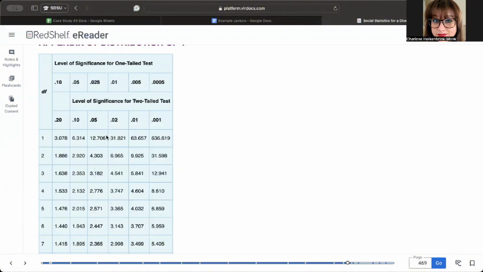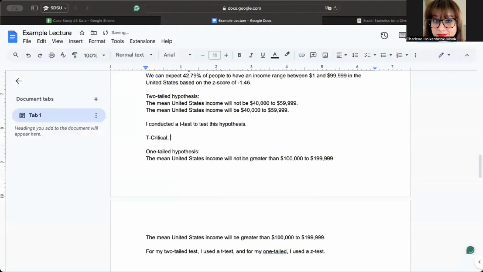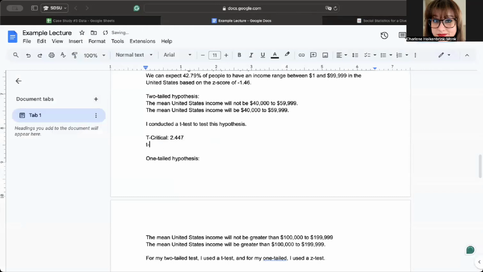Everybody's degrees of freedom are the same, but for income, I'm looking at degrees of freedom of 6, 0.05. Okay, so this is my T critical, 2.447. What that means is when we calculate our T statistic, it is going to be compared to our T critical.